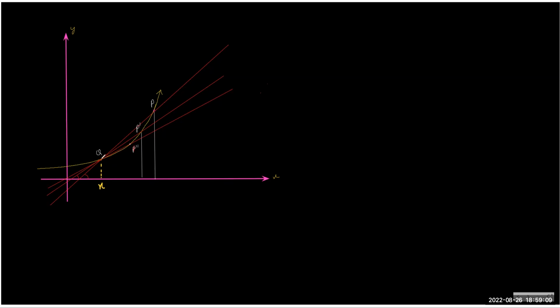And you can see the slope looks like it is almost overlapping with the graph itself. So if the P dash comes really close, almost touching the Q, but not Q, and if you draw the secant for those 2 points, which are almost touching each other, mathematically what will it look like?